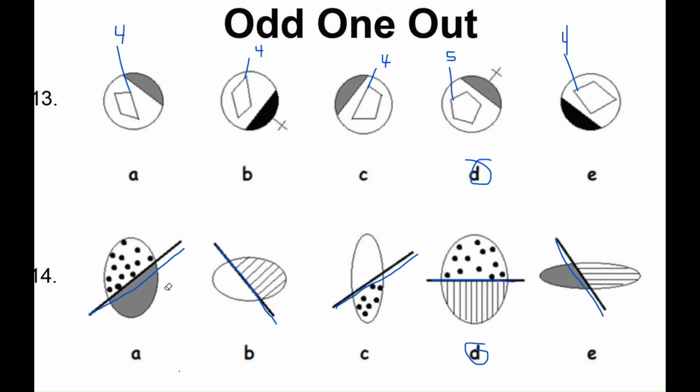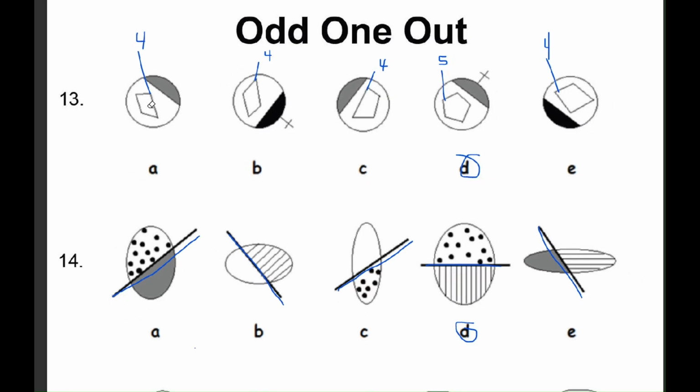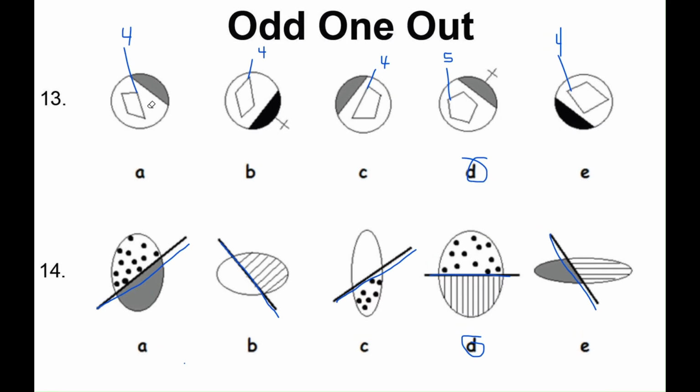Question 13. Rule: we're looking for the picture that doesn't match the others. All the matching ones are a circle with a 4-sided shape, or a quadrilateral, inside. The shading and the little cross don't matter. Eliminate A, B, C and E: circle plus 4-sided shape, check.